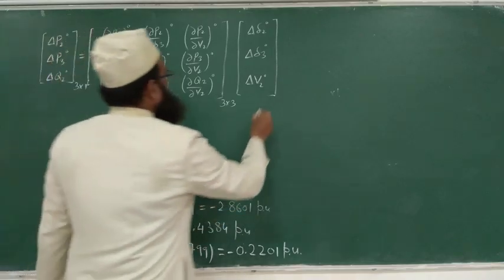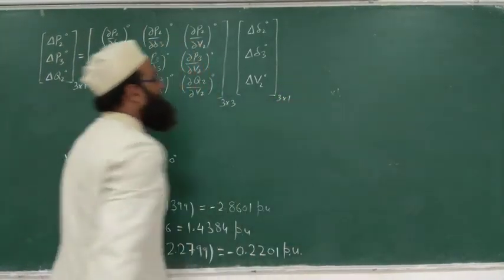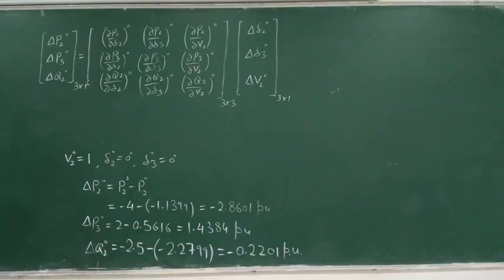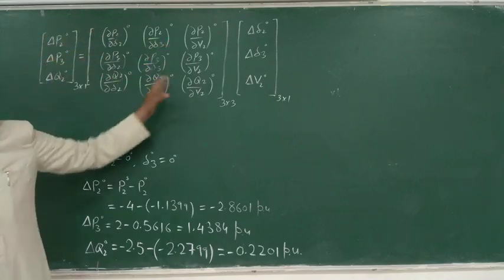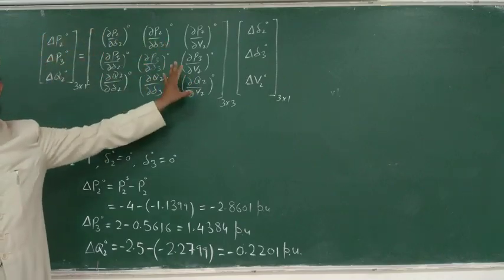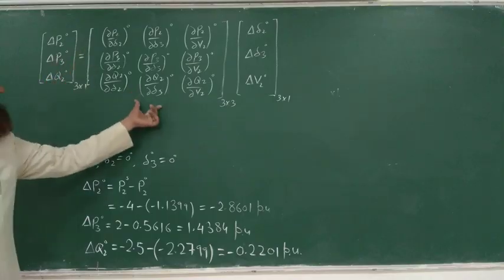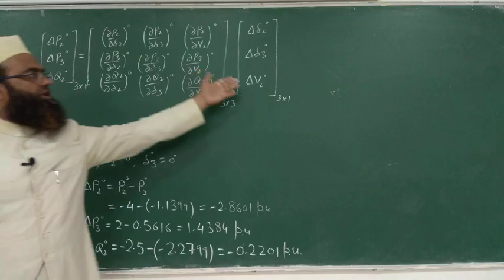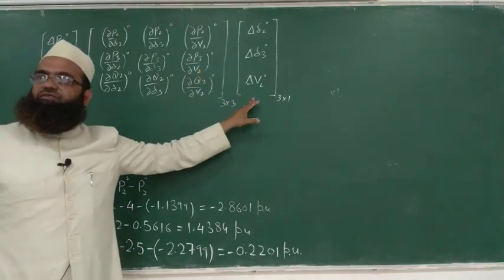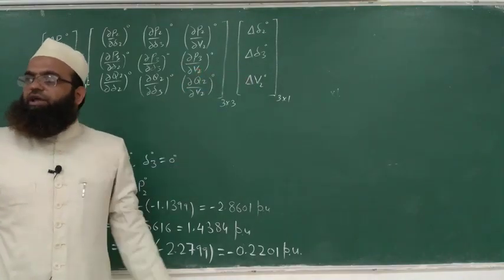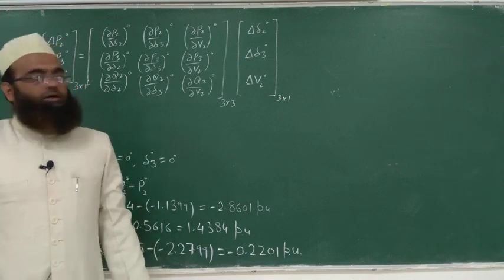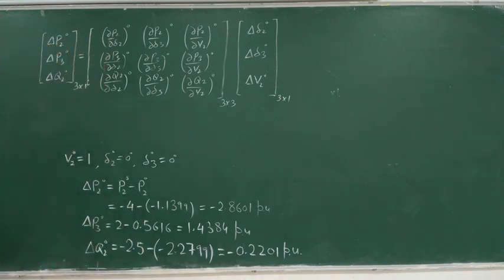So this will be a column vector of dimension 3 by 1. Fine. So we have evaluated this. Next we have to evaluate the 9 elements of the Jacobian matrix. That's it. Once these elements are known, you can take inverse of this and multiply with this, you will get this. Once these values are known, just update the variables by adding the corresponding corrections. Clear? So one by one we will evaluate the elements of the Jacobian matrix.